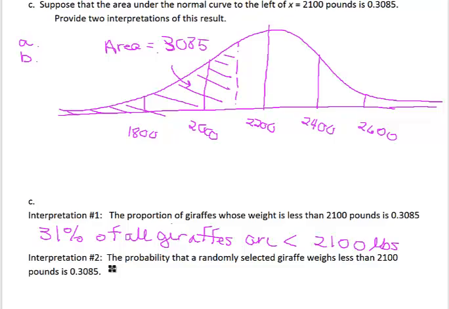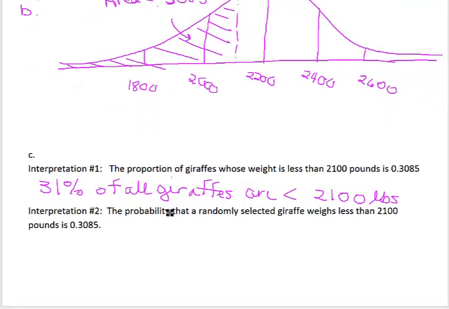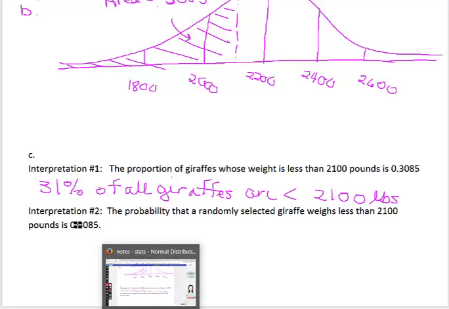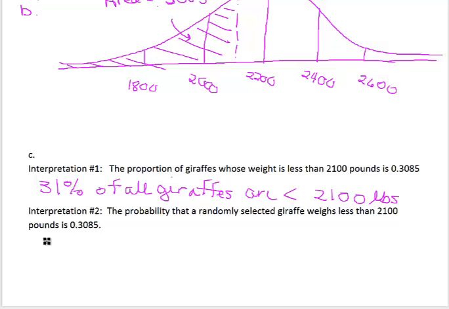Then the other interpretation is if you just pick one giraffe, the probability that it's going to be less than 2100 pounds is that. So it is 31%.